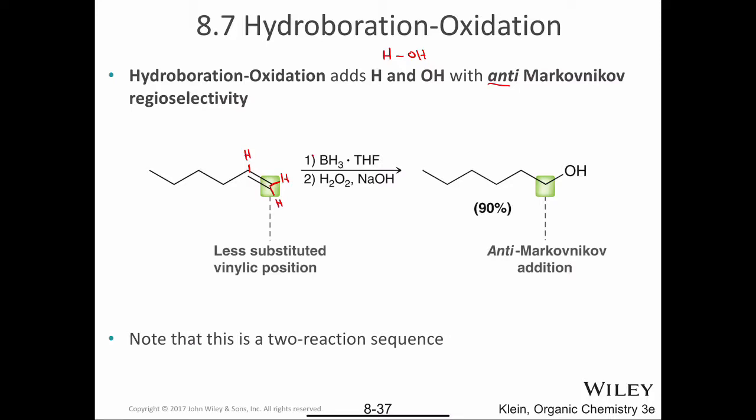So step one is we use BH3 and THF, and we call BH3 borane, so it's borane and THF. THF is an acronym for tetrahydrofuran, so I can draw what tetrahydrofuran is. It's this cyclic ether, and I'll talk more about that reagent later.